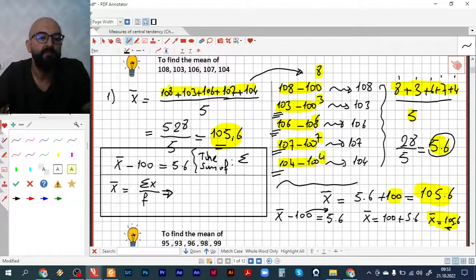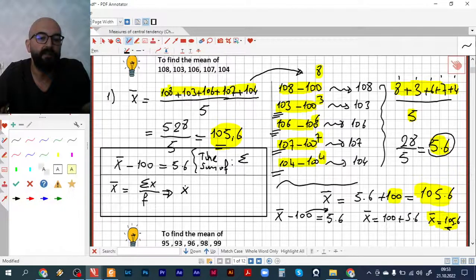But if you want to use the small numbers, and you want to use 100 less than all data, you can find 100 less than the mean.